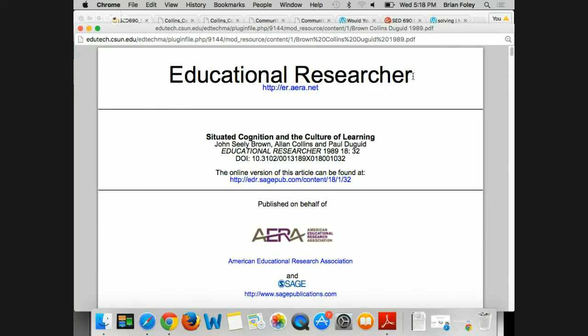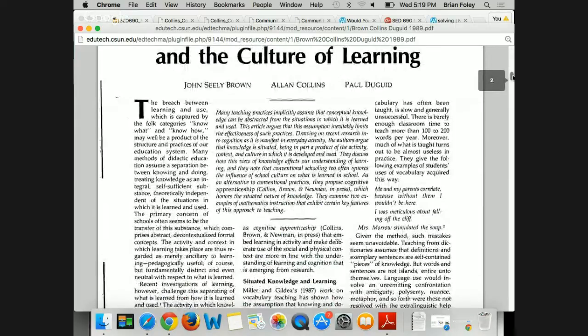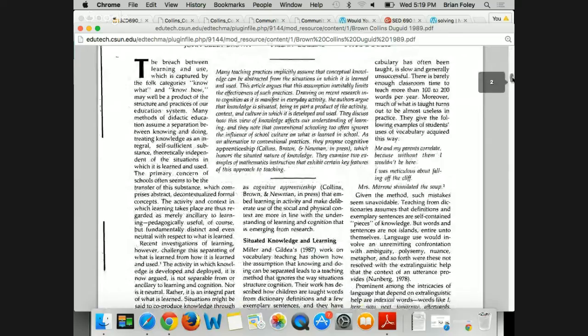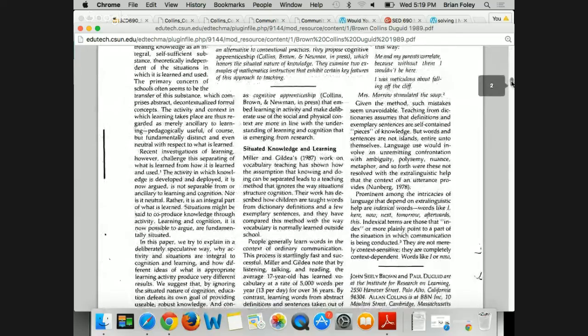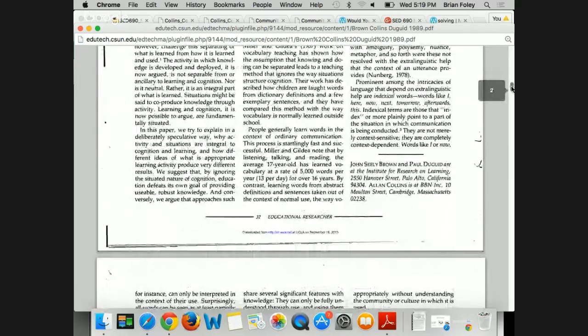Pretty much everybody who's in research gets it, so it's a pretty big deal to get an article in Ed Researcher. They tend to get written, as you can see, so it looks more like a magazine than your typical journal article. Right? So they do a nice job where they talk about some of the history and some of the background of cognitive apprenticeship. But we've talked about that a whole bunch already.